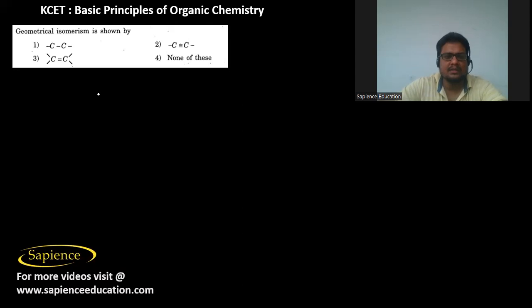Then it is asked: geometrical isomerism is shown by. So geometrical isomerism or configurational isomerism will be shown when we have a carbon-carbon double bond, or we have a cyclic ring compound.